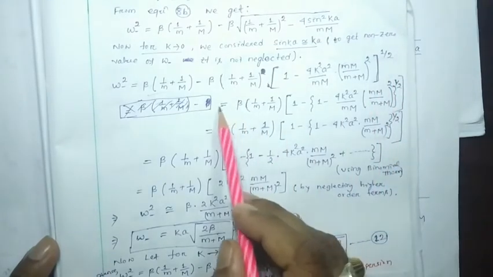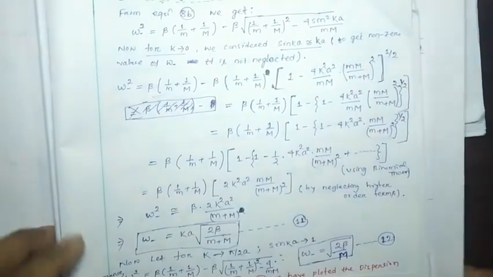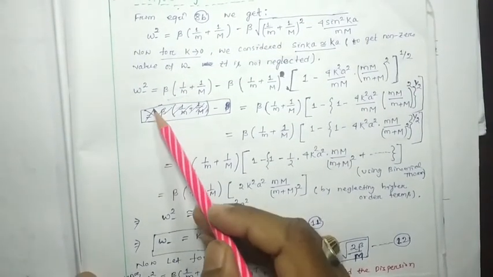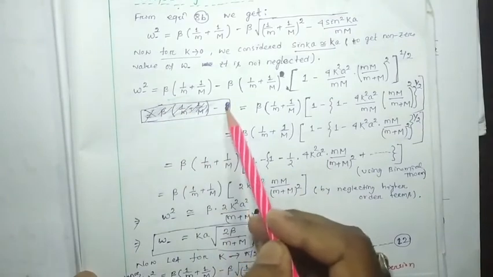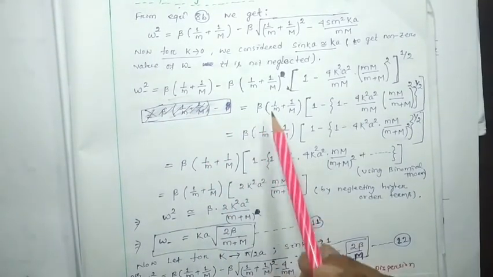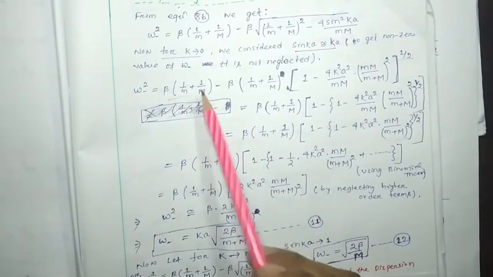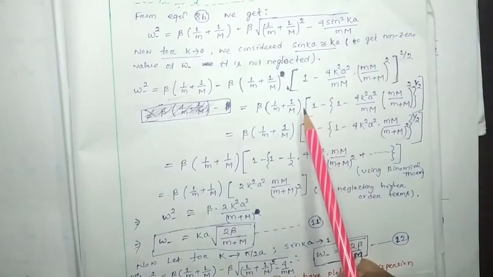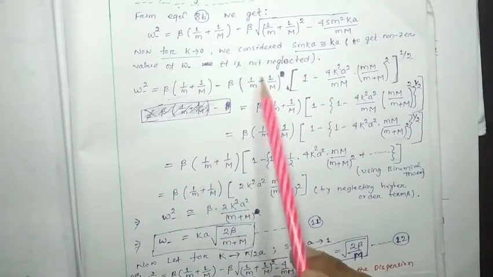So it is equal to, we can write that, in this box, you just follow from here, is equal to beta into 1 by m plus 1 by capital M, again taken common from this and this term.